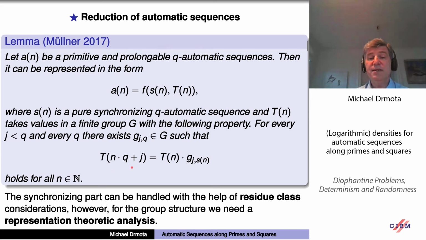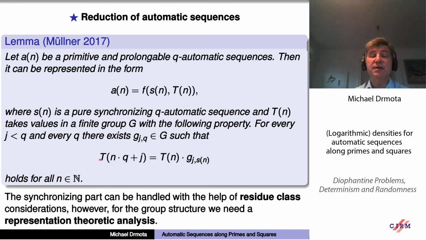And here, in this case, we again have this kind of property, where we have a group, and these permutation matrices, of course, are invertible. They form a group of unitary matrices, and this is very close to an automatic sequence. If we avoid this S of n here, then we get a kind of automatic sequence that is group valued, which means that it can be inverted.